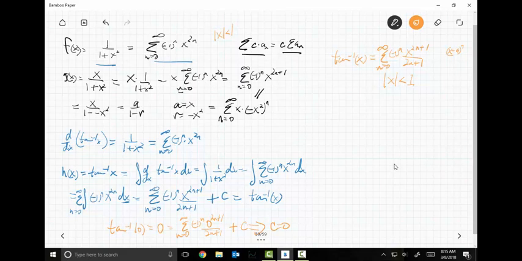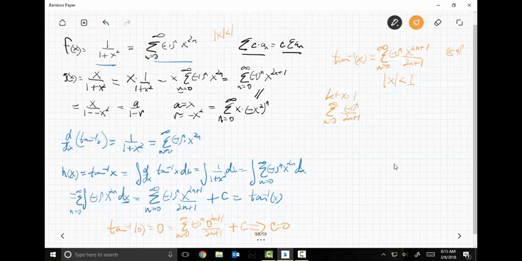So, for example, if I were to put in 1, so let x equal 1, which is an endpoint of that interval. Well, what happens when x equals 1? This becomes the sum as n goes from 0 to infinity of negative 1 to the n over 2n plus 1, doesn't it? Because 1 to the anything is 1, right?